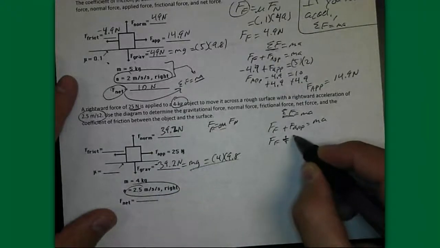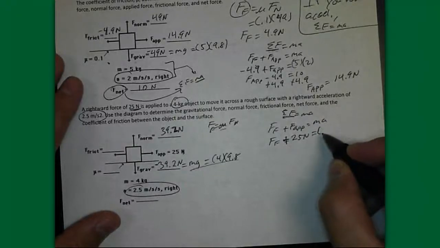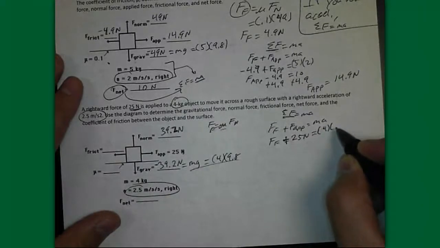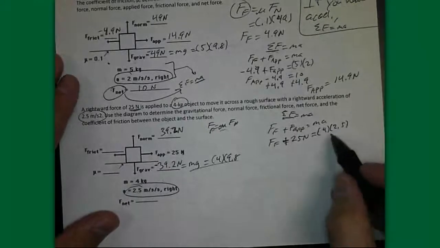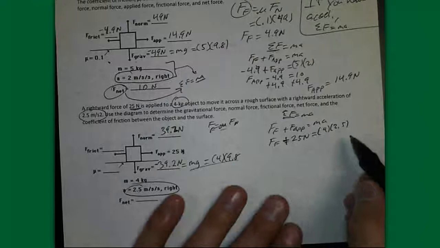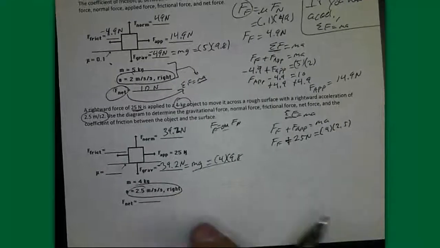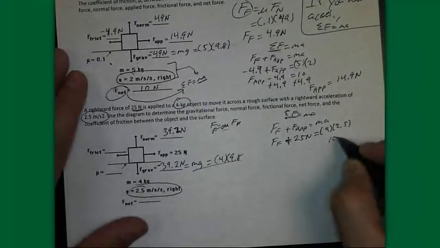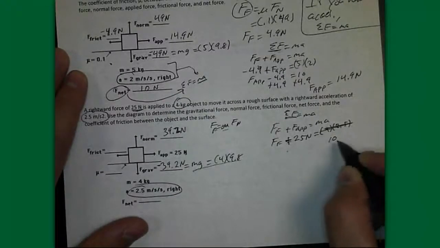Plus 25 equals the mass, which is 4, times the acceleration, which is 2.5. 4 times 2.5 gives you 10. That's what we simplified that to.